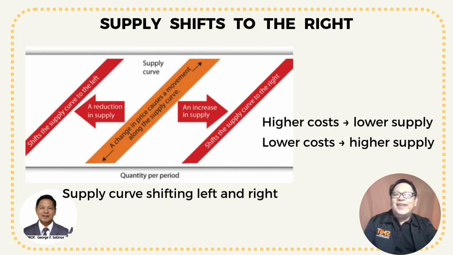On the other hand, lower costs increase profitability, encouraging producers to supply more. Please note the rightward supply curve shift. This demonstrates how input prices directly affect the supply curve, and this is a fundamental concept in economics.